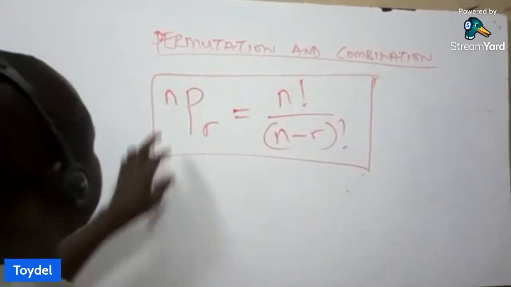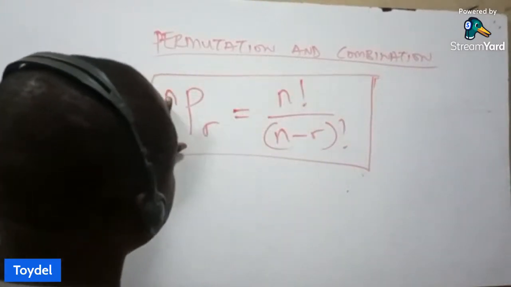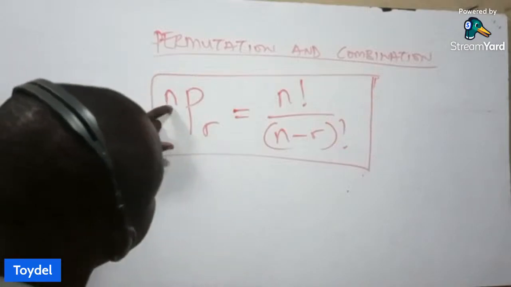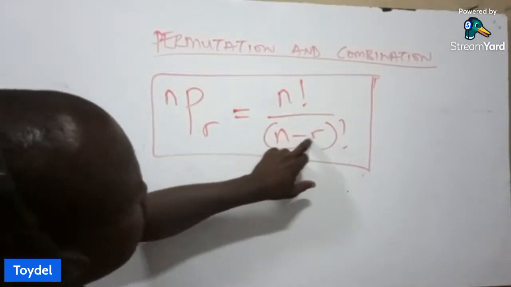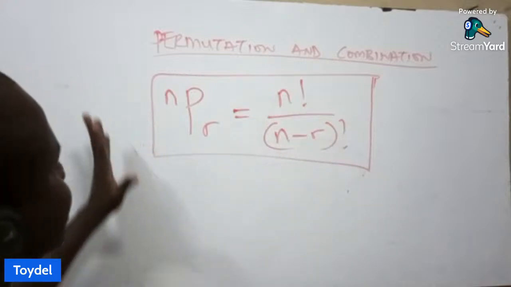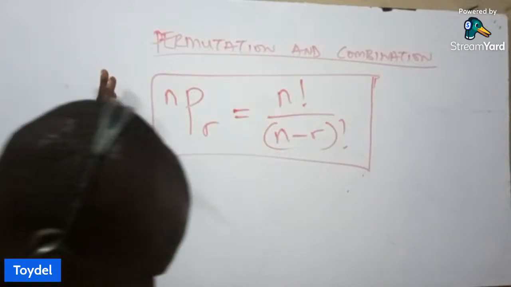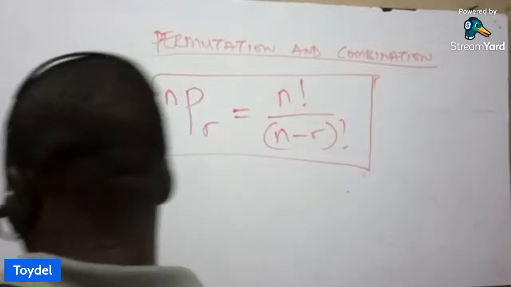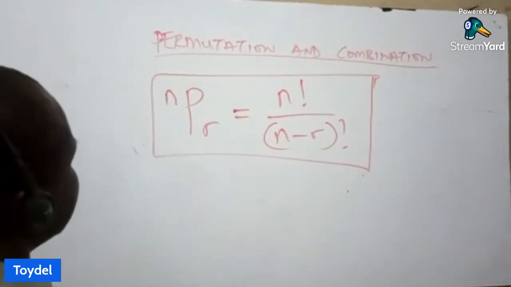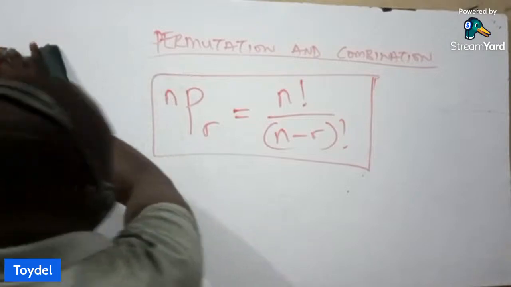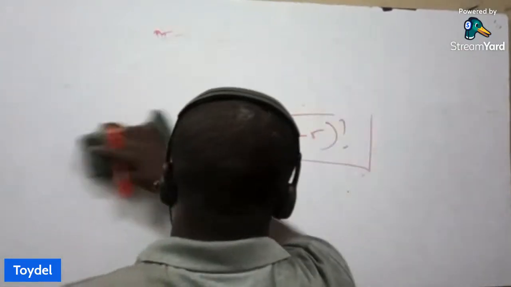When we have n objects, I want to take r out of n at a time. Then n permutation r is given as n factorial divided by n minus r factorial. And that is the formula for permutation. Let's give about 2 or 3 examples under this before we go into different types of permutation.